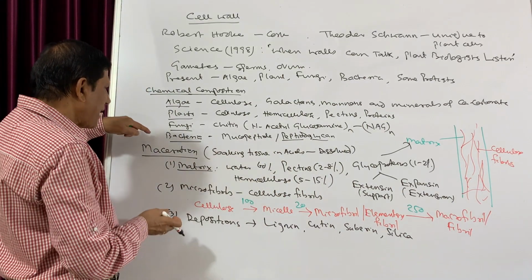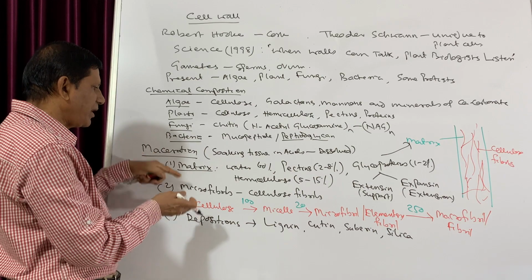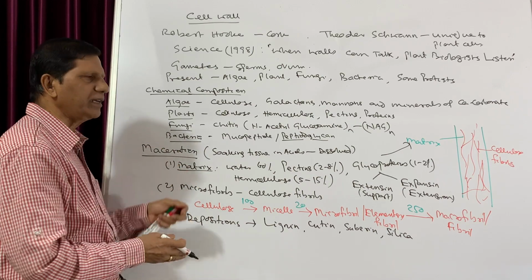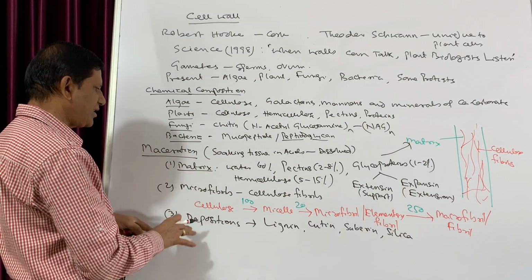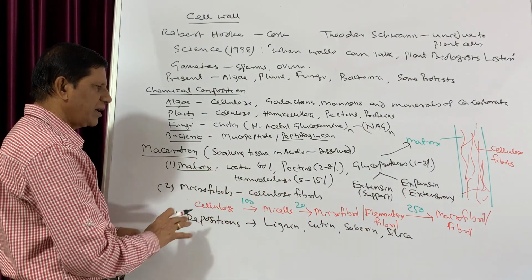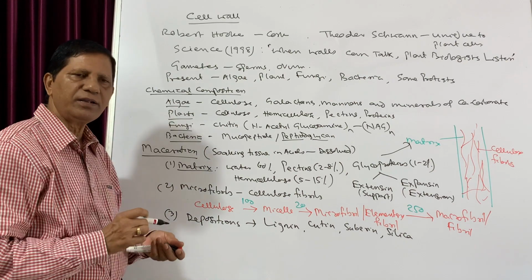So in maceration, we have found that these are the different substances present inside the cell wall. So this is the chemical composition, and after maceration, these are the different substances present in the cell wall. This is clear.